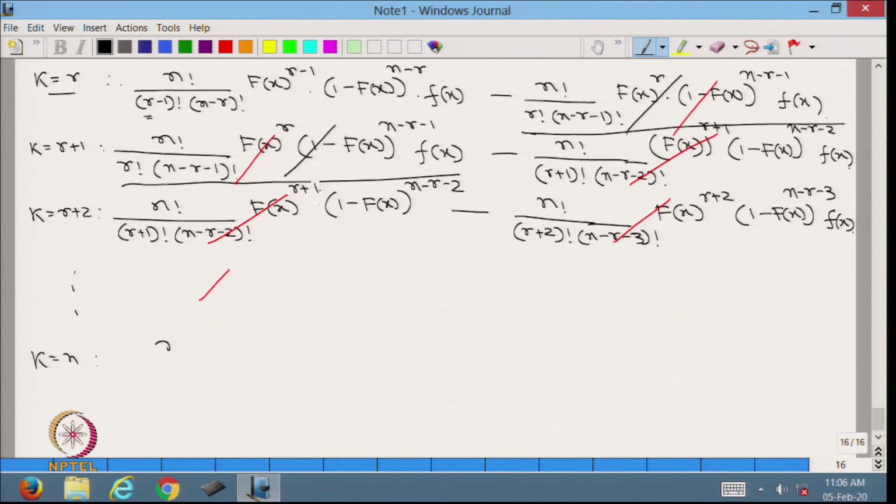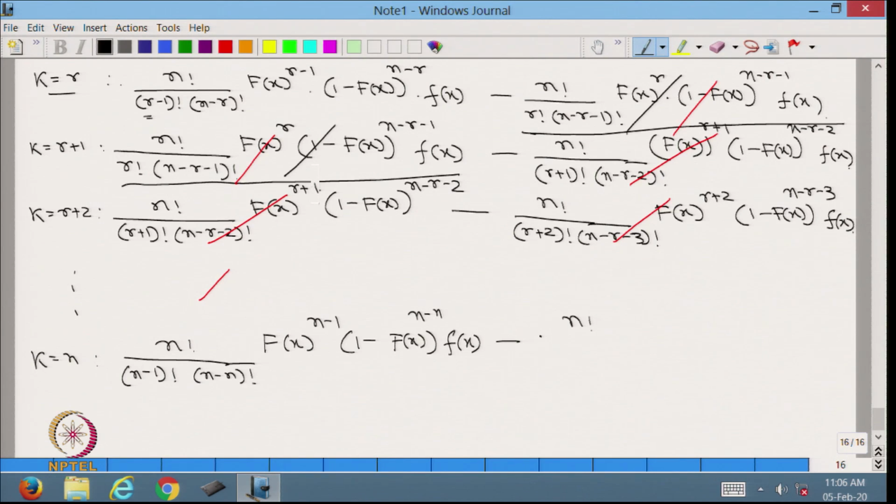This is going to be n factorial upon (n minus 1) factorial into (n minus n) factorial, which is 0 factorial, F(x) to the power n minus 1, minus F(x) whole to the power n minus n, small f(x), minus n factorial upon n factorial, minus 1 factorial F(x) to the power n, 1 minus F(x) to the power minus 1 into f(x). Now, minus 1 factorial does not exist.